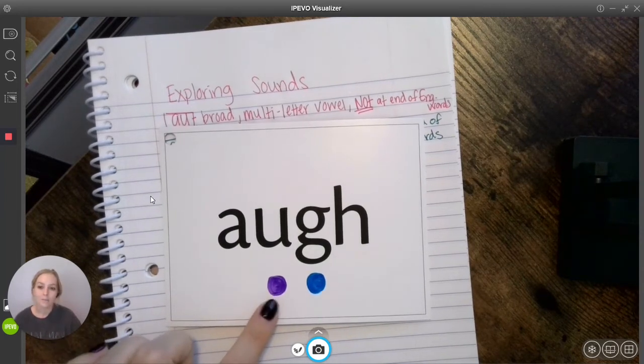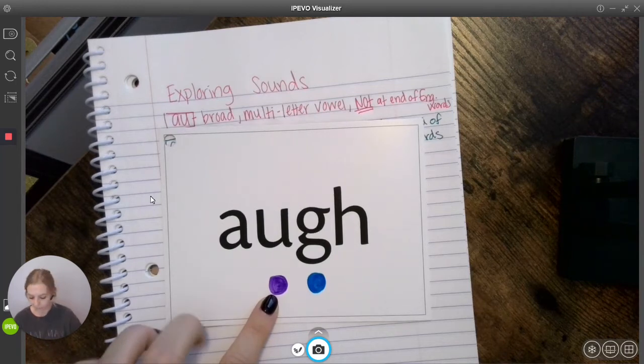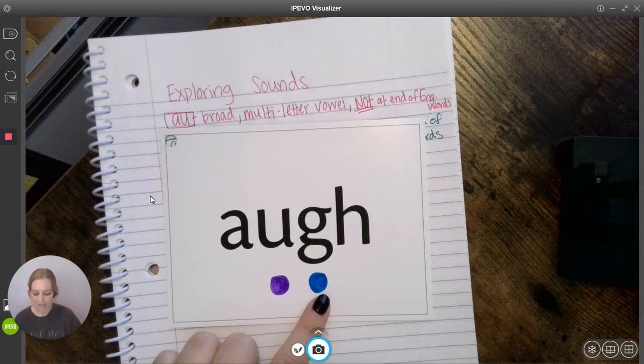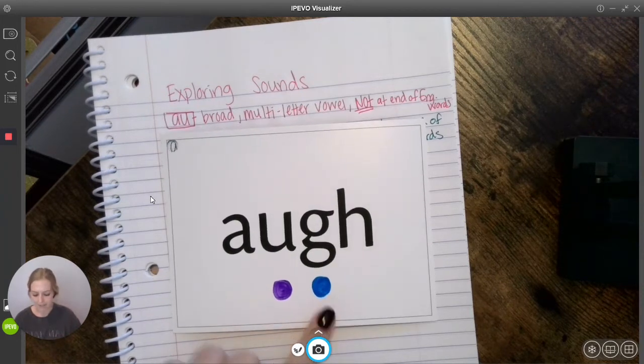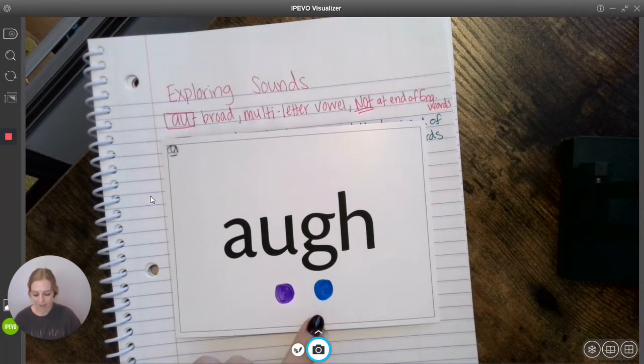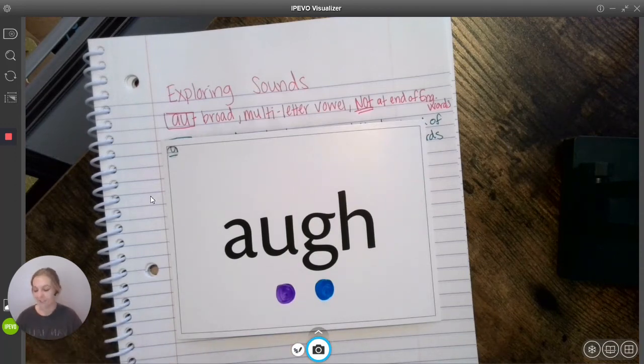It's a vowel. What about af? Is af a vowel or a consonant? Since it has two sounds, af, sorry, is a vowel sound, f is a consonant sound.